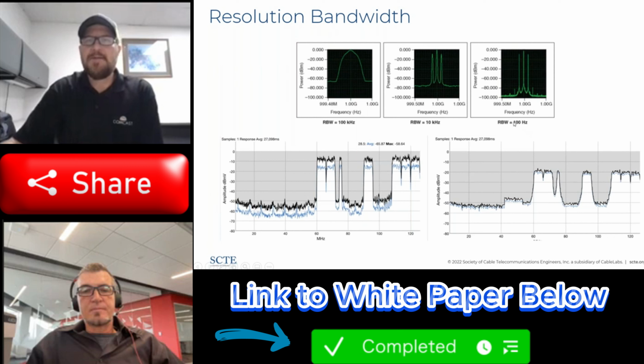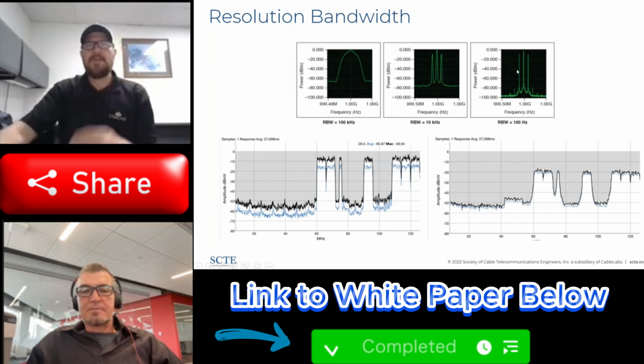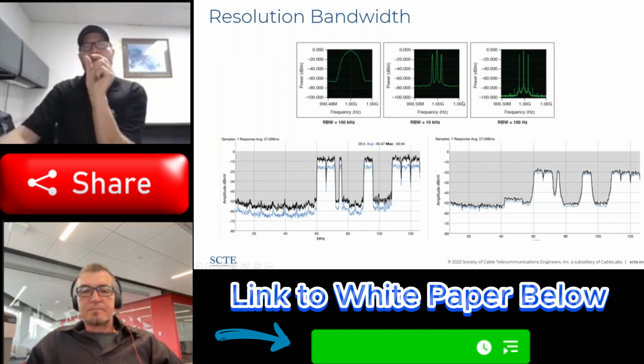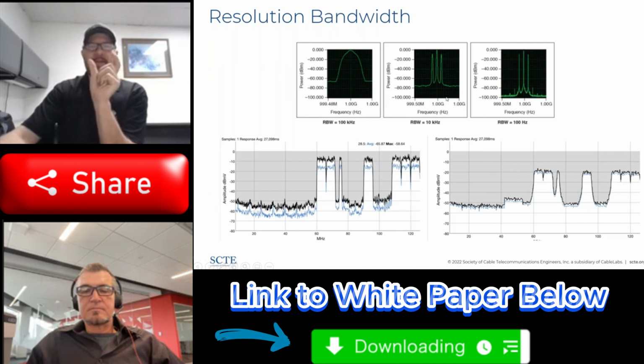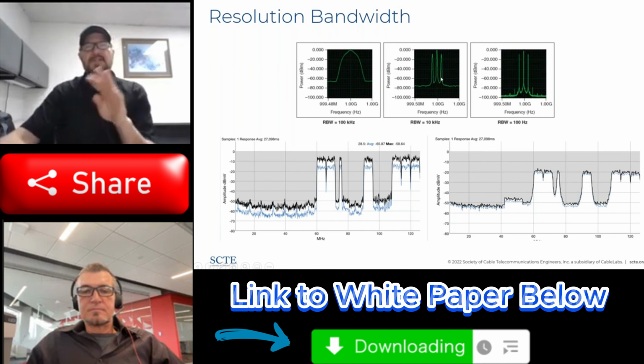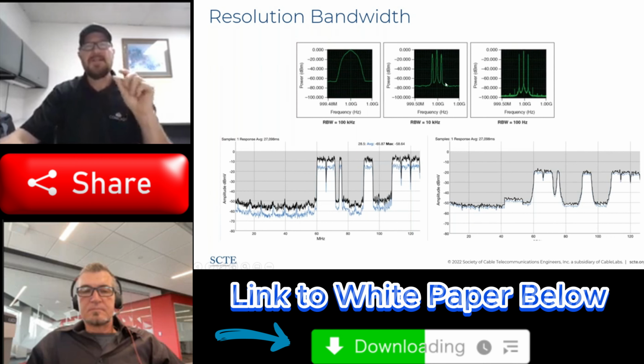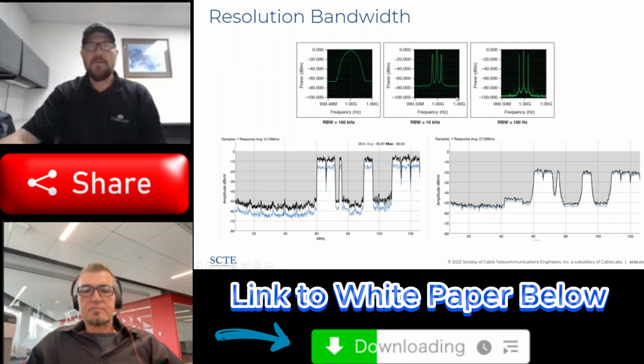With really high resolution, like 100 hertz, you can see that we have three tones that are very narrow and very precise. But if we widen the lens and we look at the same spectrum, you can see the same three carriers are still there, but they're a little less distinct, and the resolution at the noise floor level gets a little worse.